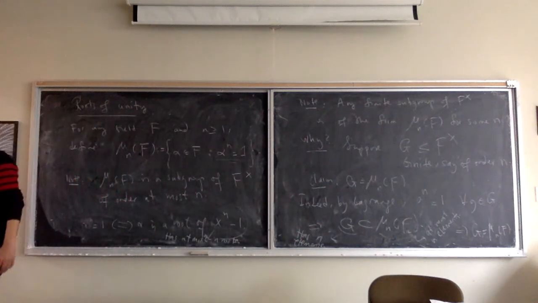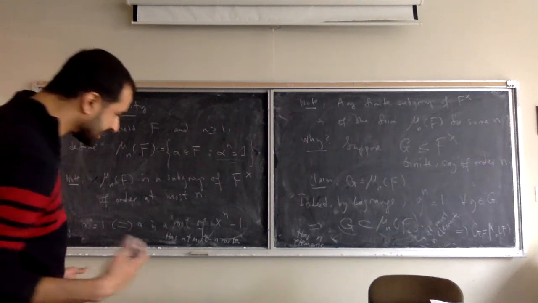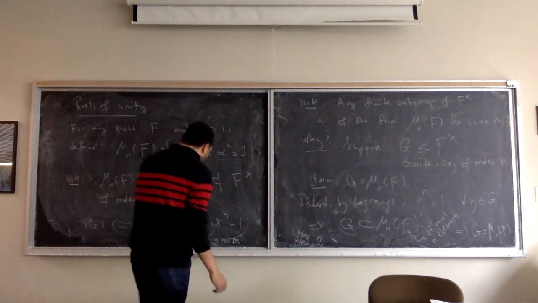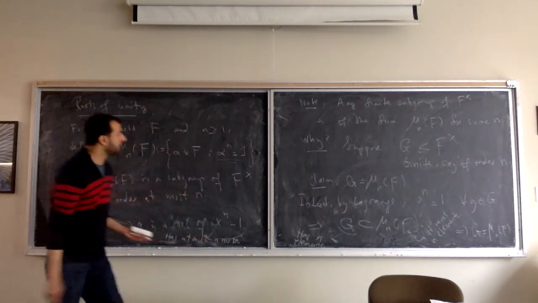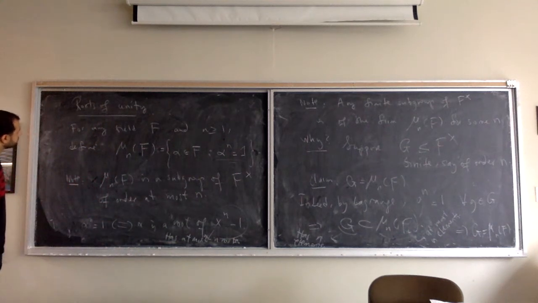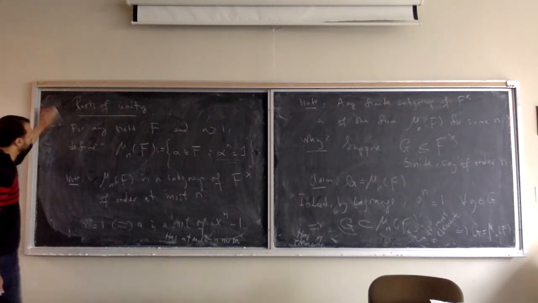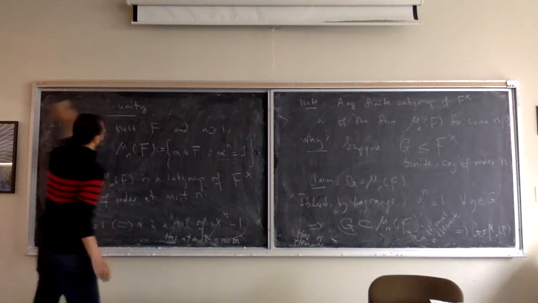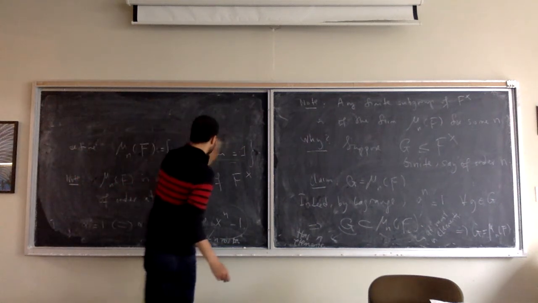So talking about the groups mu n is the same as talking about finite subgroups of F star. Okay, good. And then we have the following theorem.